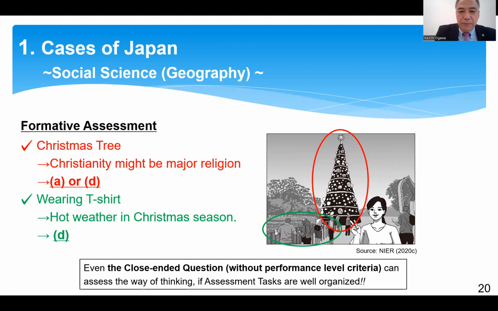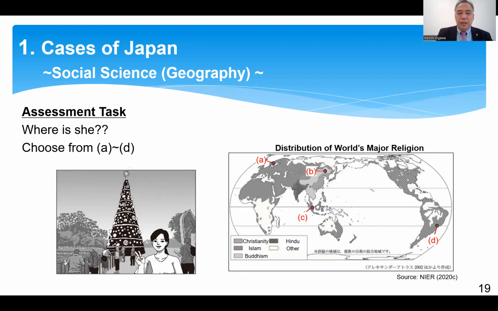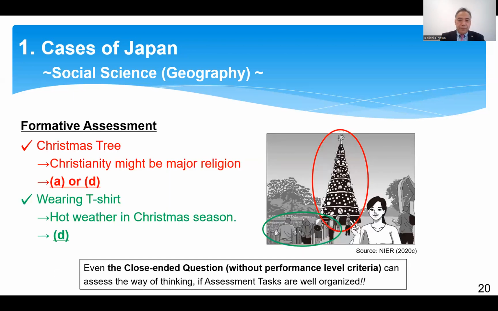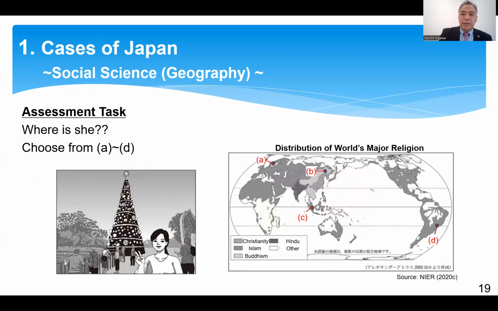If you see these pictures, people wearing t-shirts can mean summer. That means it's a D. In that case, summer is D because A is winter. Then we have a Christmas tree, which is December, right? So even close-ended questions without performance level criteria can assess the way of thinking if assessment tasks are well organized. So this answer is D.